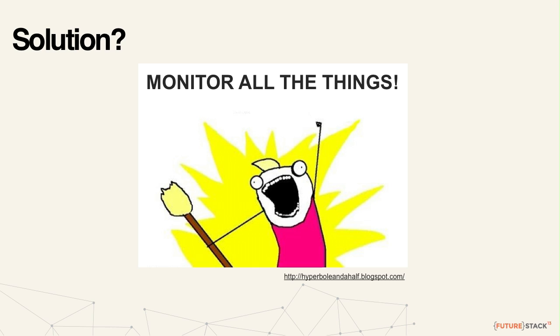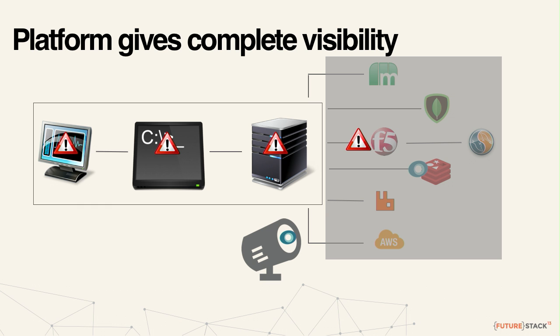So the solution is, no, we don't have to just monitor databases, we don't have to monitor switches, we have to monitor all the things. There we go. We have to monitor all the things. We have to see everything equivalently, as if it was a first-class thing in New Relic, so you have that first-class experience. And that's what the platform gives you.